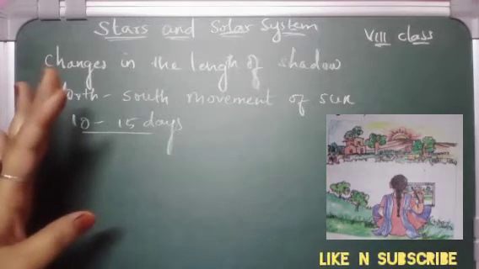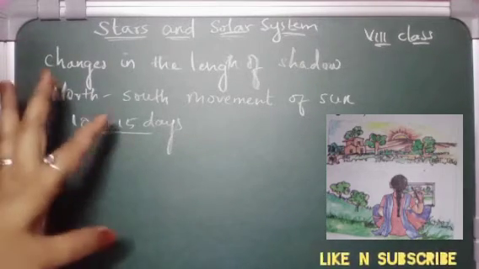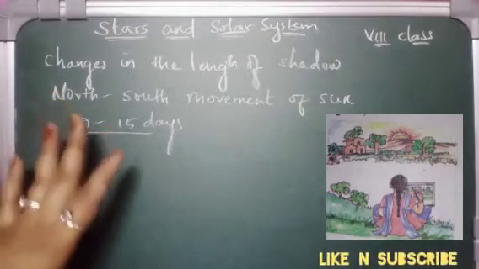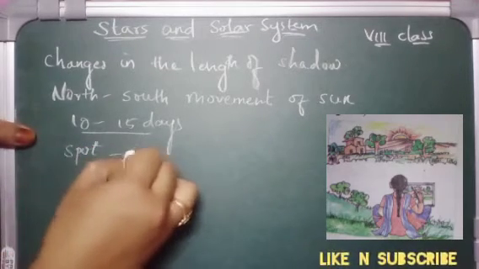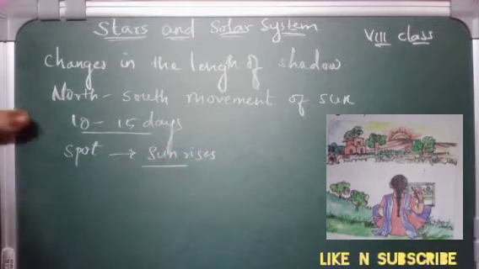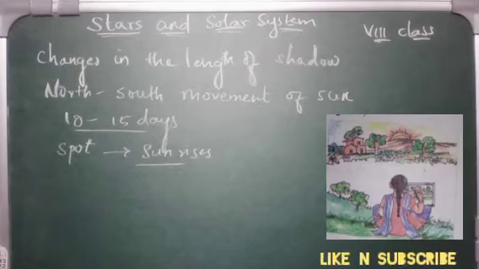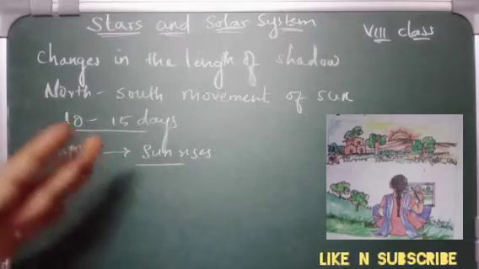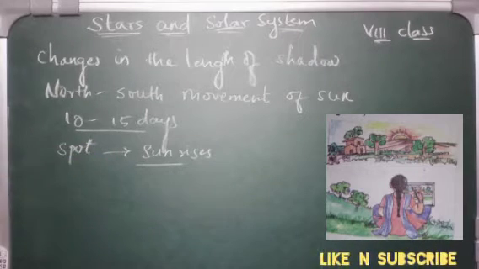Keeping in mind the spot from where the sun rises, we will observe. Make a daily sketch of the rising sun as well as your reference point in your notebook during this period. Then we will come to know what we observe.